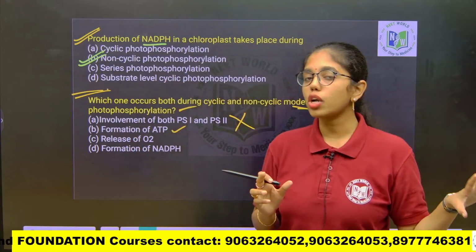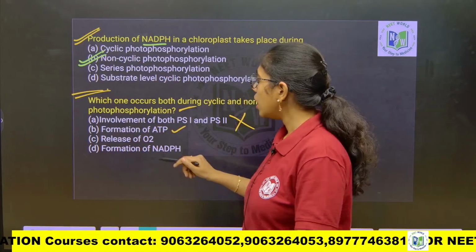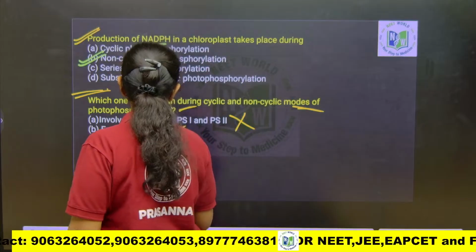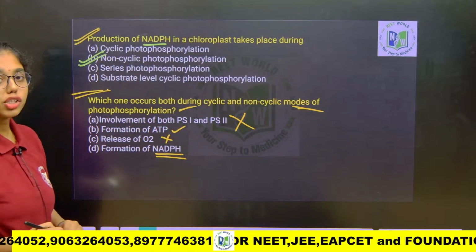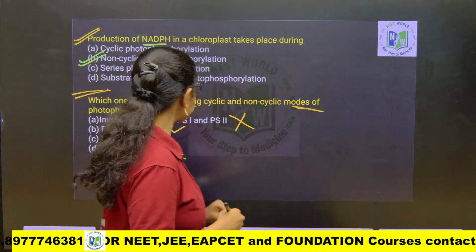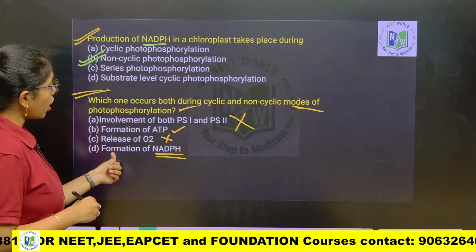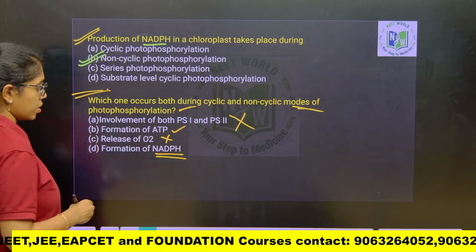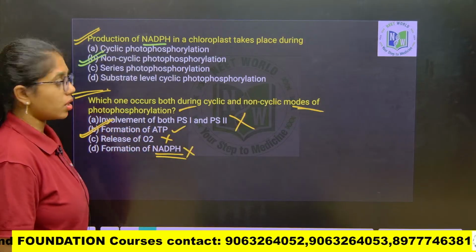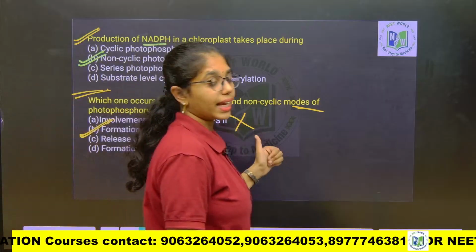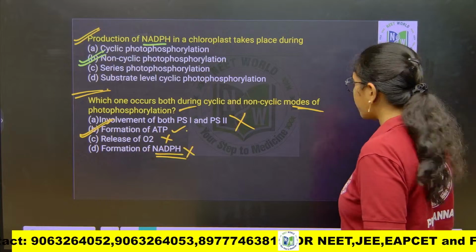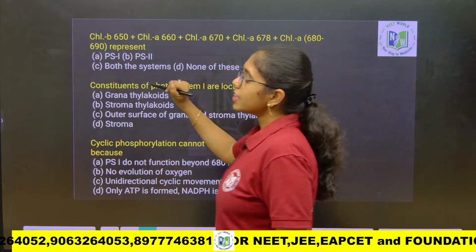As PS2 is not involved in cyclic, there will be no release of oxygen. NADPH is formed at the end of non-cyclic photophosphorylation, not in cyclic, so this is also wrong. Option B is the correct answer: formation of ATP. Next, this question is a little interesting.